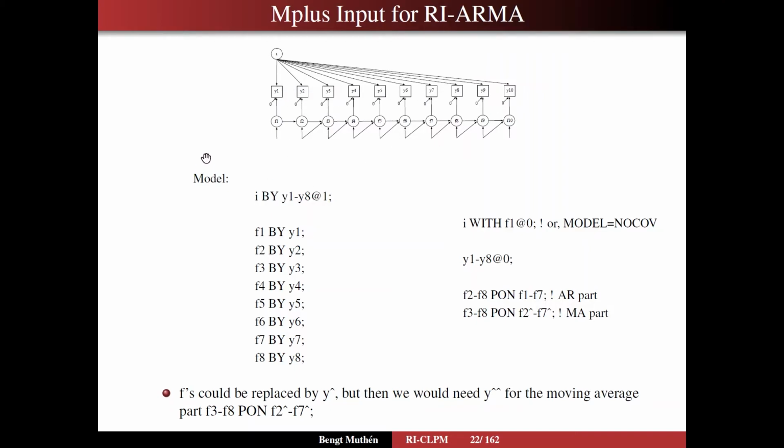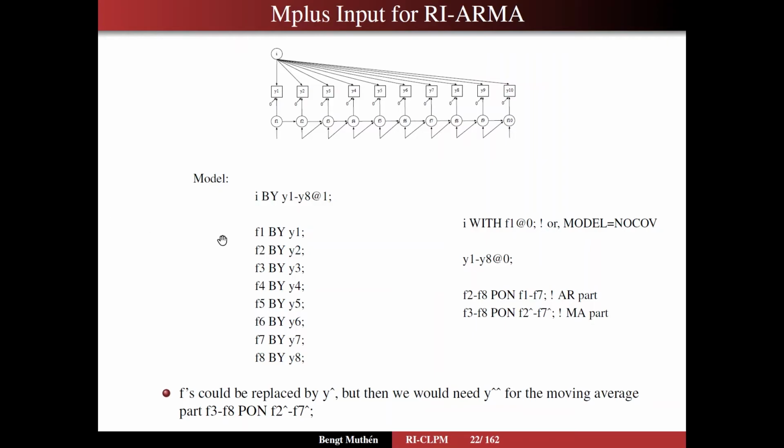But now we take the tack of putting within-level factors behind each variable with residual measurement error 0. And for those variables, we have an autoregressive function and also a moving average function with this jagged development across time.